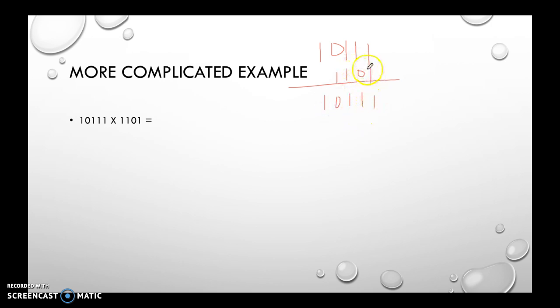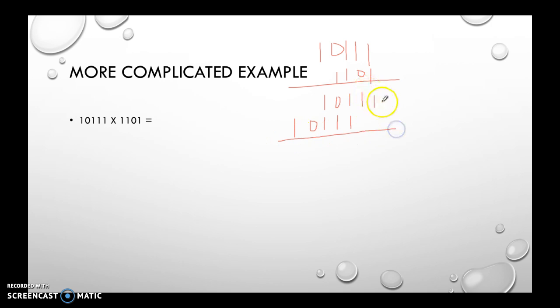And this time we get a 0 here. So we all know that 0 times anything is a 0. Therefore, at this place to the left, there's nothing. So we just start with this one here. But please note that this result starts with this place. So we write 11101.